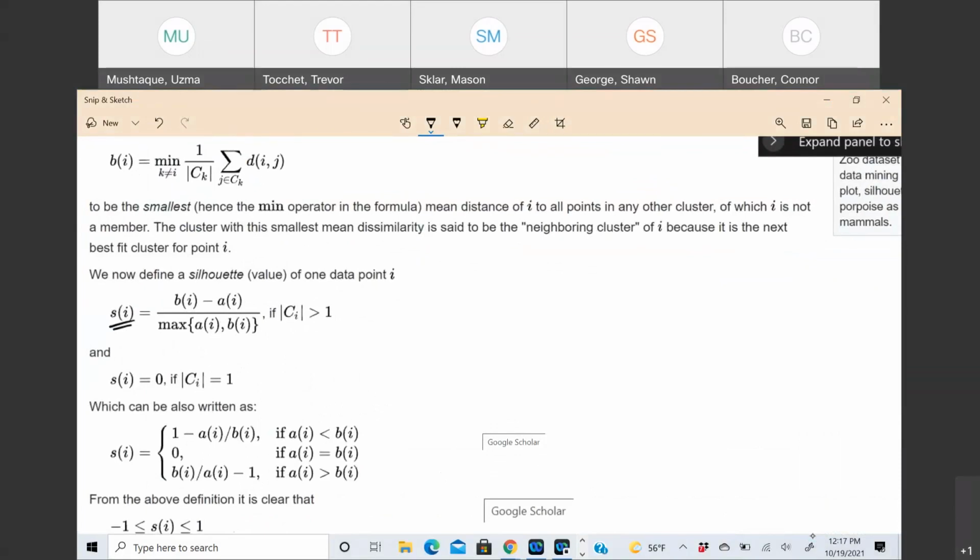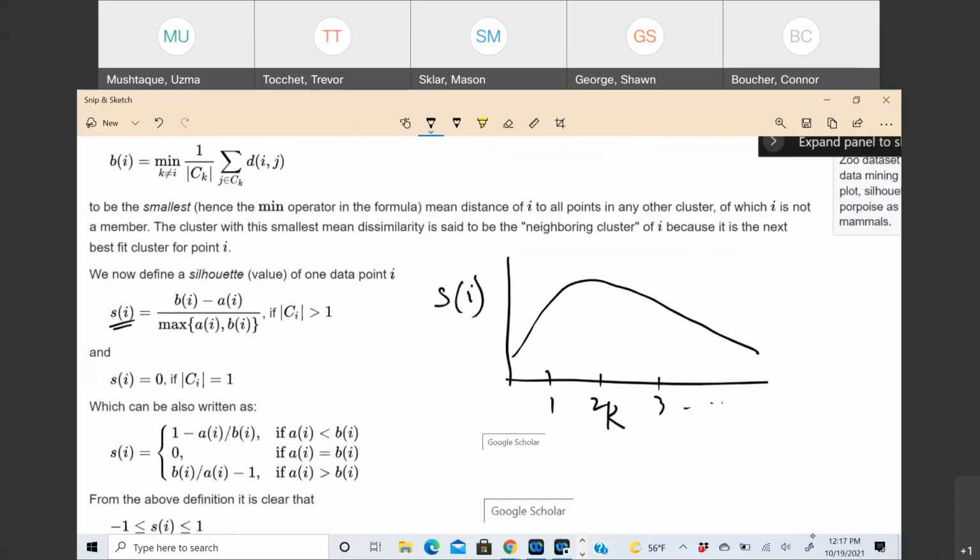If I have a graph like this, with K values 1, 2, 3, and so on, you will most likely get an inverted curve, and you want this value to be as high as possible. It's just the inverse of the elbow thing. Most likely in this case, this is the maximum I can achieve, so this is going to be my K value, which is 2. This is another way of figuring out the best K for my data.